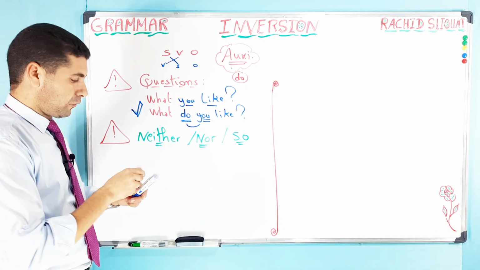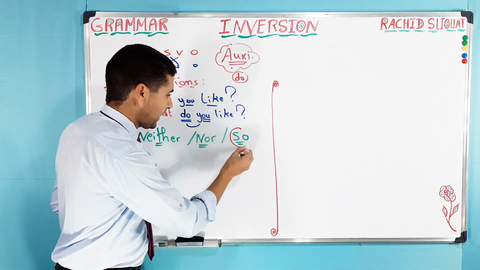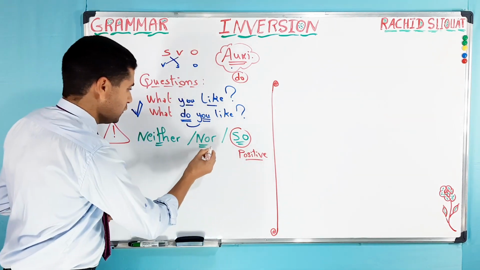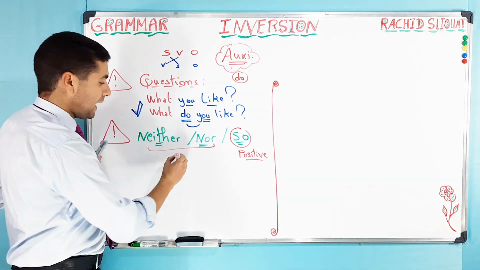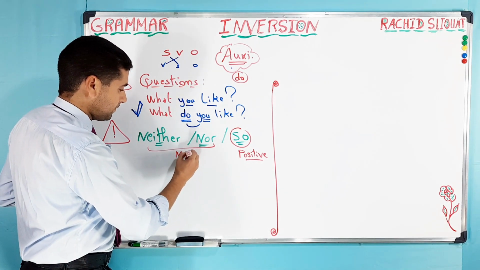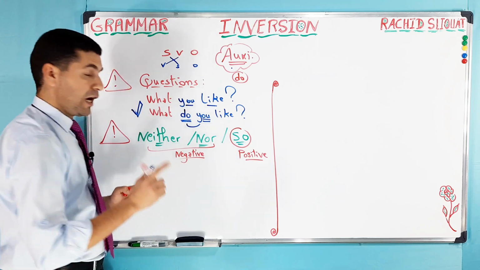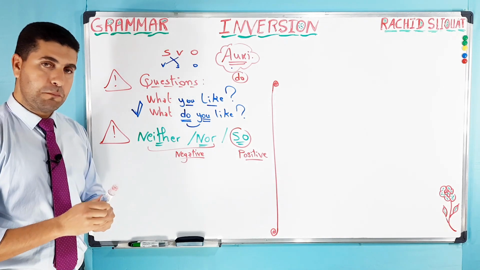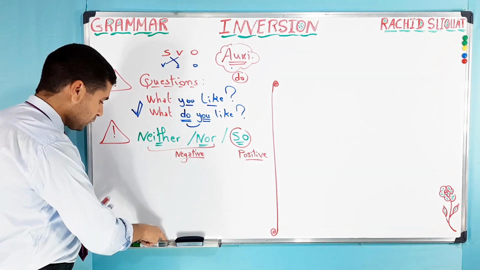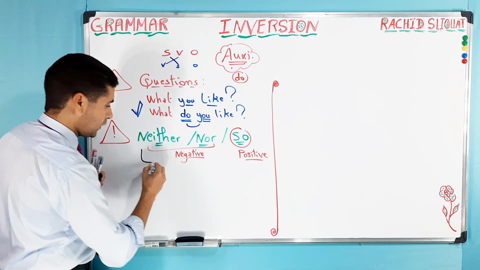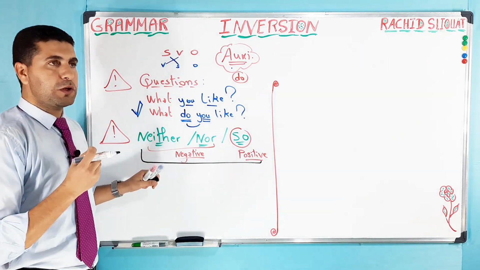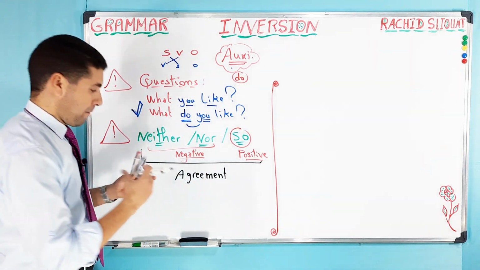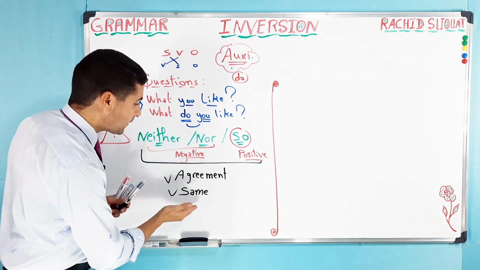Now, the first thing to keep in mind is that so is always used with positive sense, and nor and neither both have something to do with negative. However, all of them, neither, nor, and so, we use them in inversion to talk about agreement, or sameness.